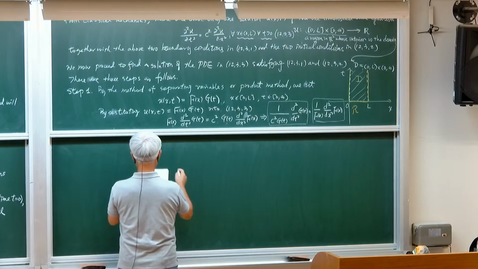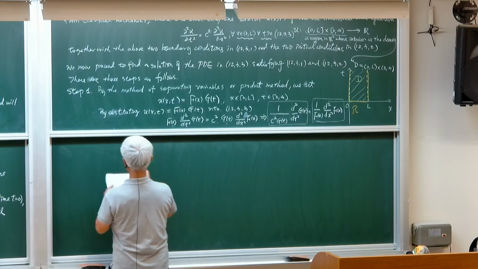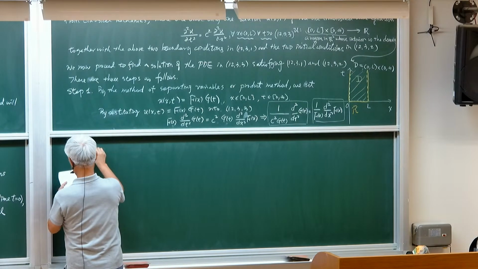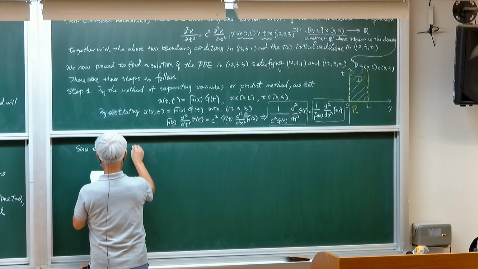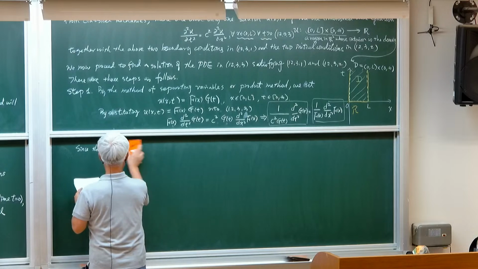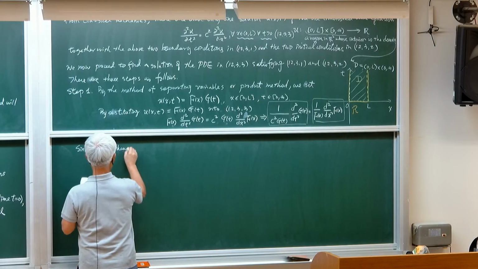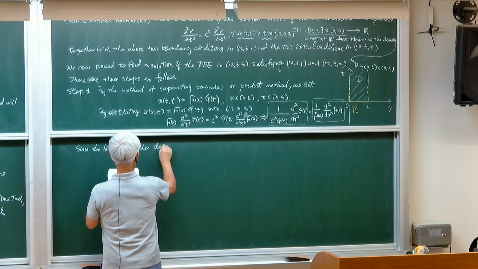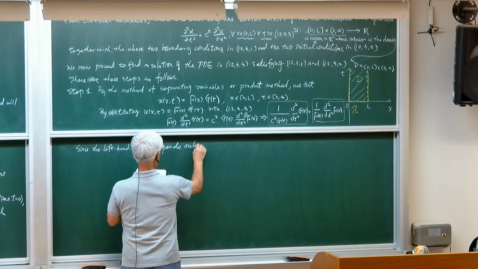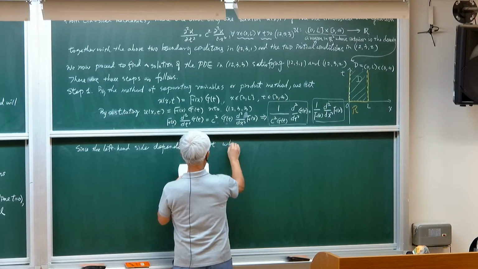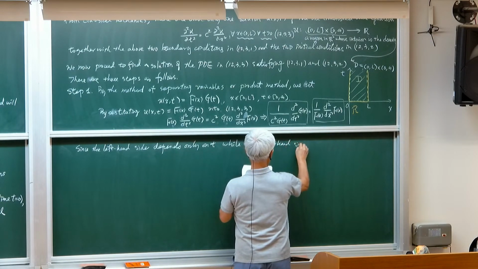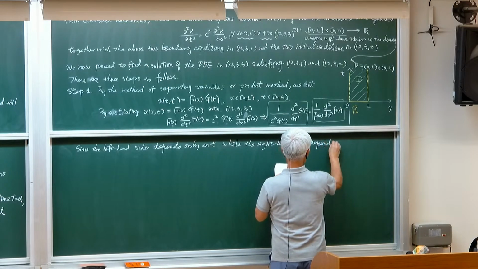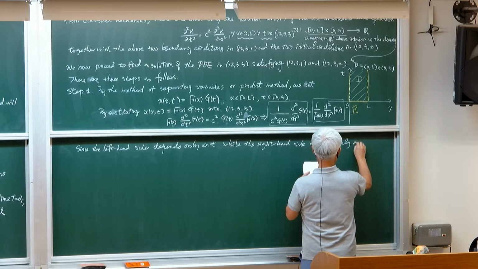So the left-hand side depends only on t, while the right-hand side depends only on x.